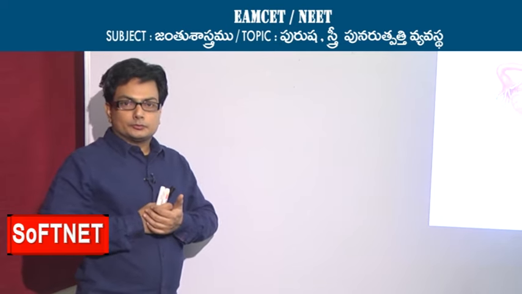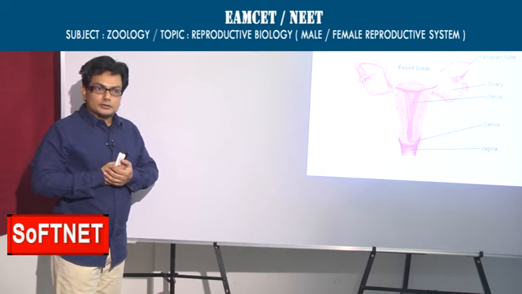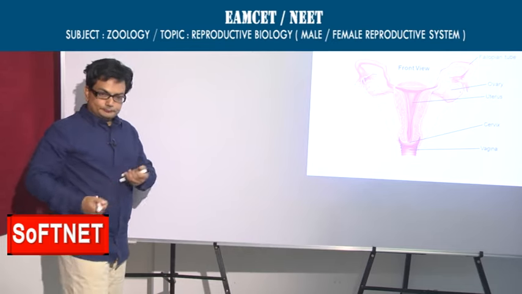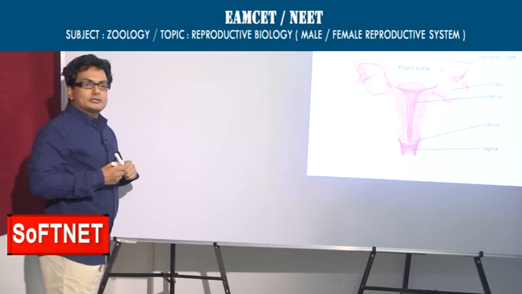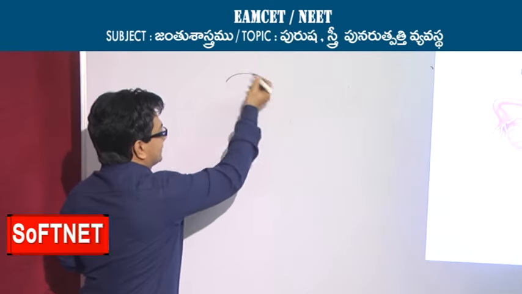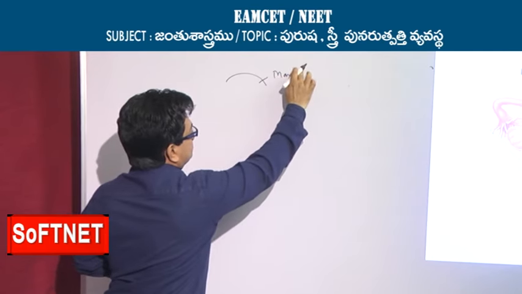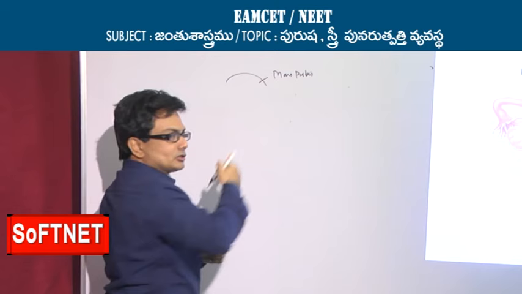Let's go into the next part called the external genitalia of a female. So when we study the external genitalia of a female, it will be like this. This part, which I am showing here, is the mons pubis.